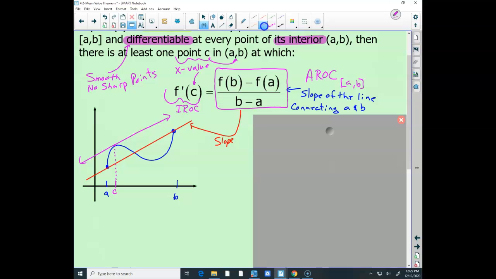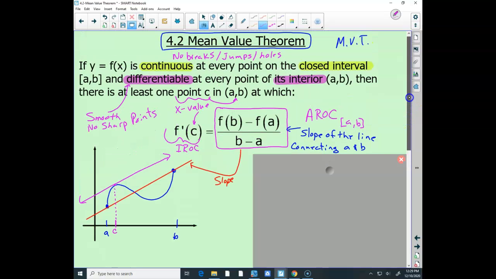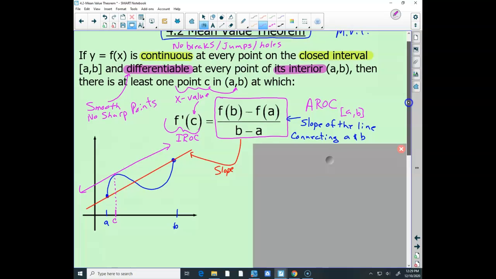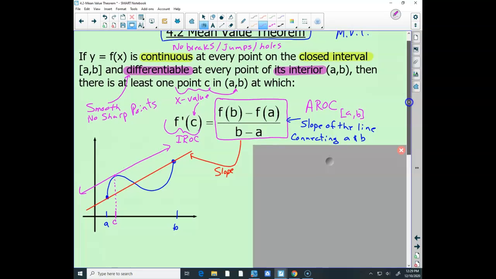That is what the mean value theorem says. It guarantees me, as long as it's continuous on the closed interval and differentiable on the open interval, that there is at least one c value in (a, b) that equals the average rate of change.